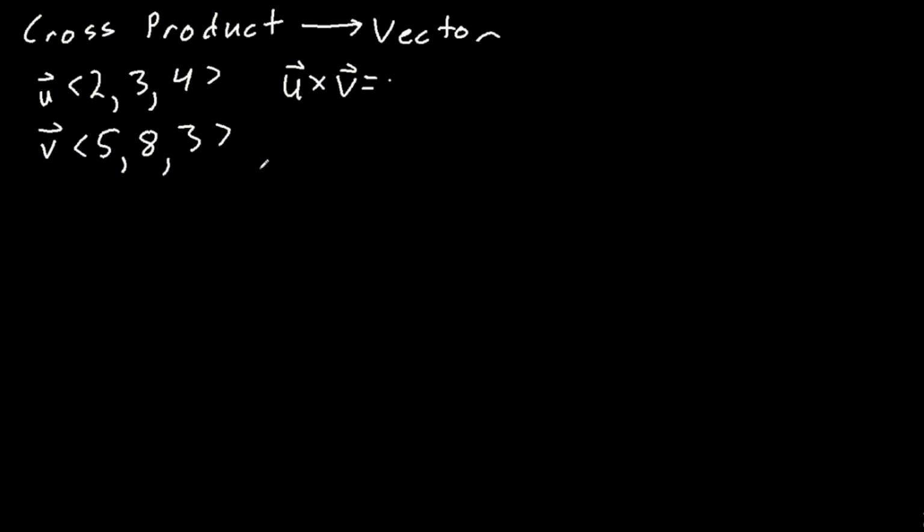U cross V: first is U2 times V3 minus U3 times V2, comma, U3 V1 minus V3 U1, comma, and the last one is U1 V2 minus V1 U2. So this is the formula for it.